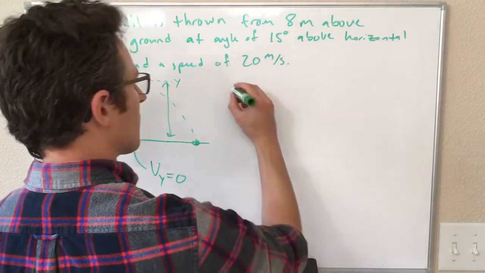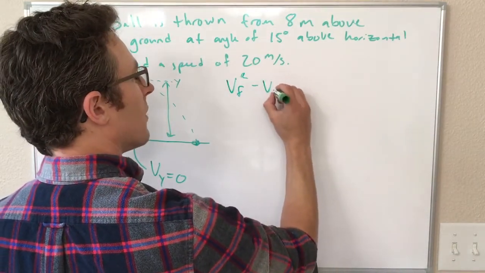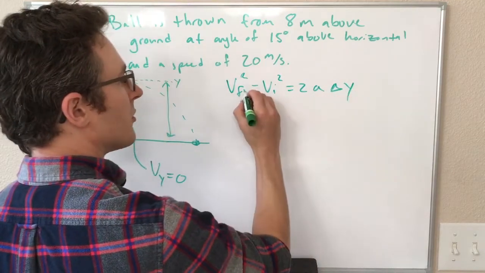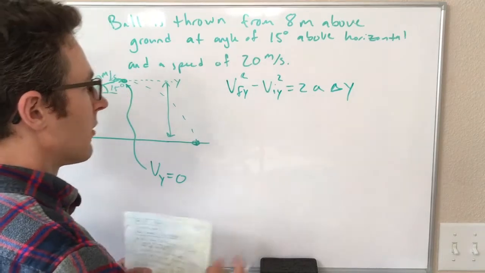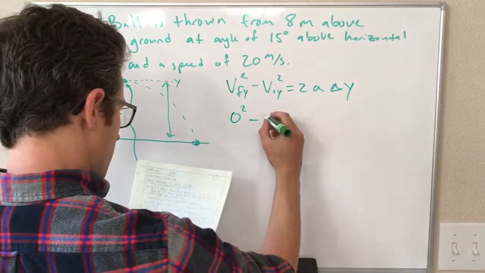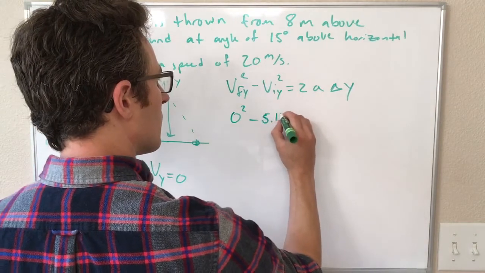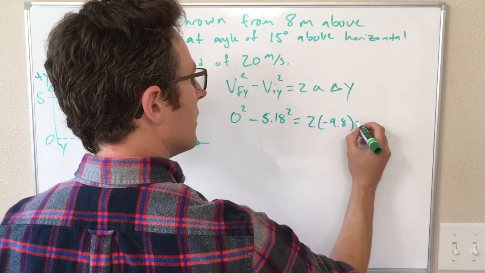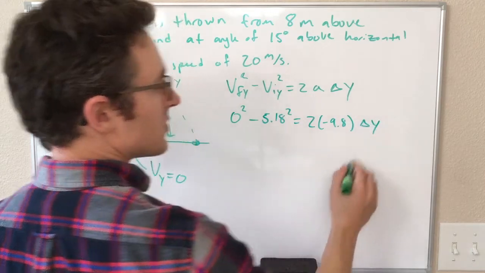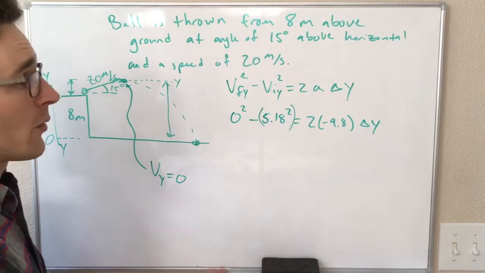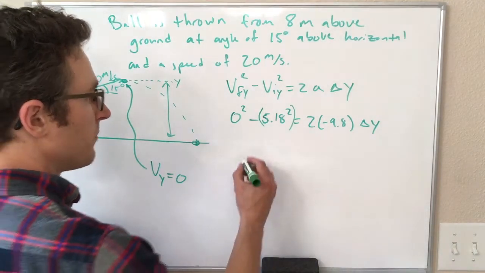That is v final squared minus v initial squared is equal to 2a delta y. Remember, this is what's going on in the y direction. So v final is equal to 0, v initial was 5.18, and that's equal to 2 times minus 9.8 times delta y. That delta y is what we are looking for. So now we can solve this equation for delta y.